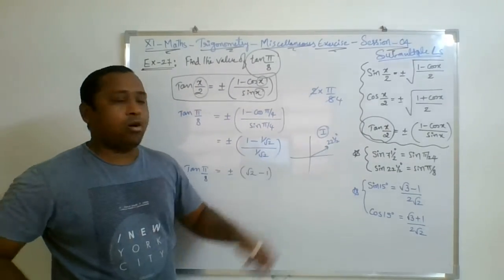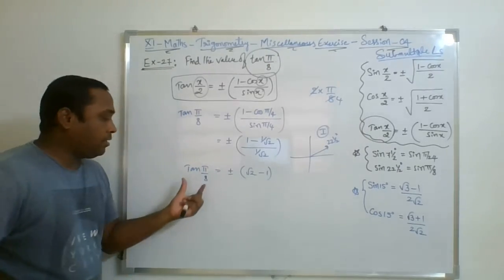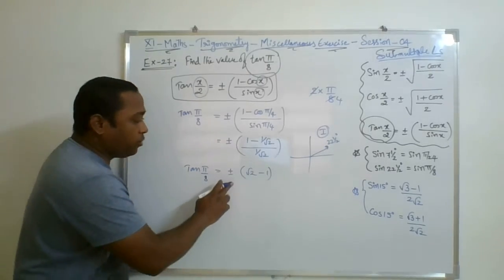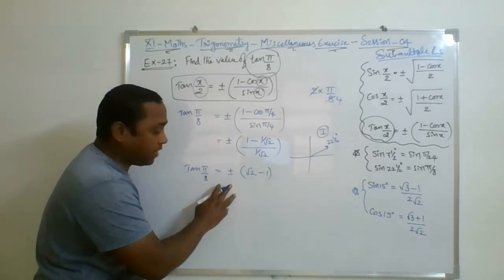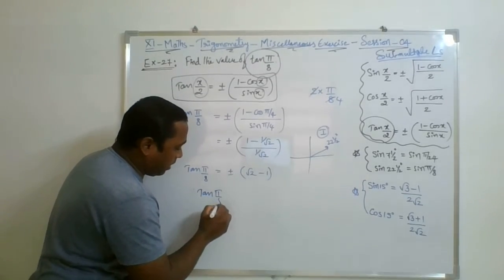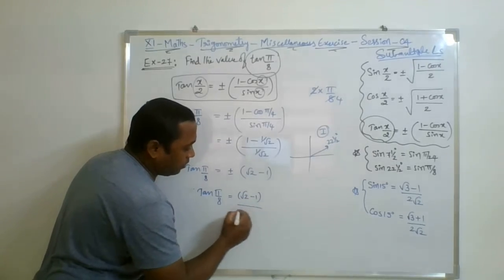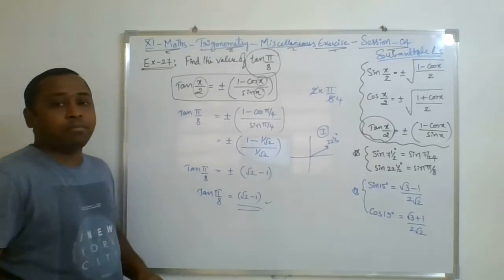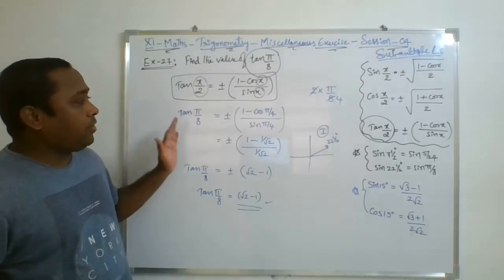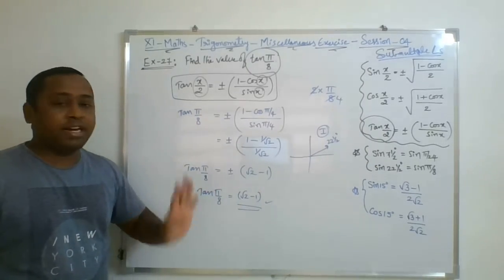In the first quadrant all trigonometric ratios are positive, hence the value of tan pi by 8 is also positive, so you need to take only the positive sign. Therefore, the final answer for tan pi by 8 is positive, root 2 minus 1. How simple it is, just have a look. I have only used the submultiple angle formula to get the final answer.